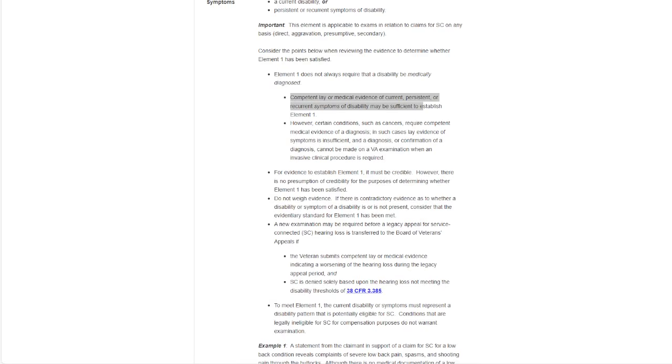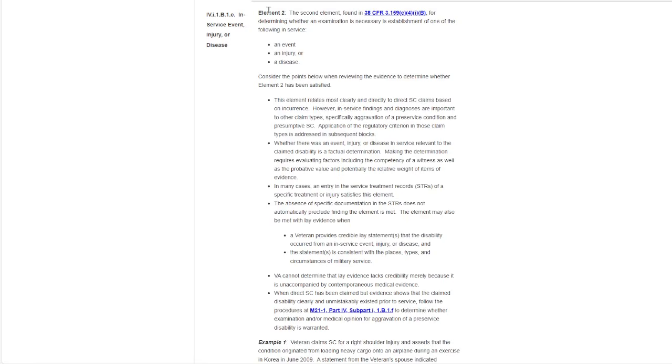Now, the other element, element 2. This one's a little bit more tricky because element 2 can actually change depending on what type of theory you're applying. So I'm just going to keep this simple and go back to the knee.